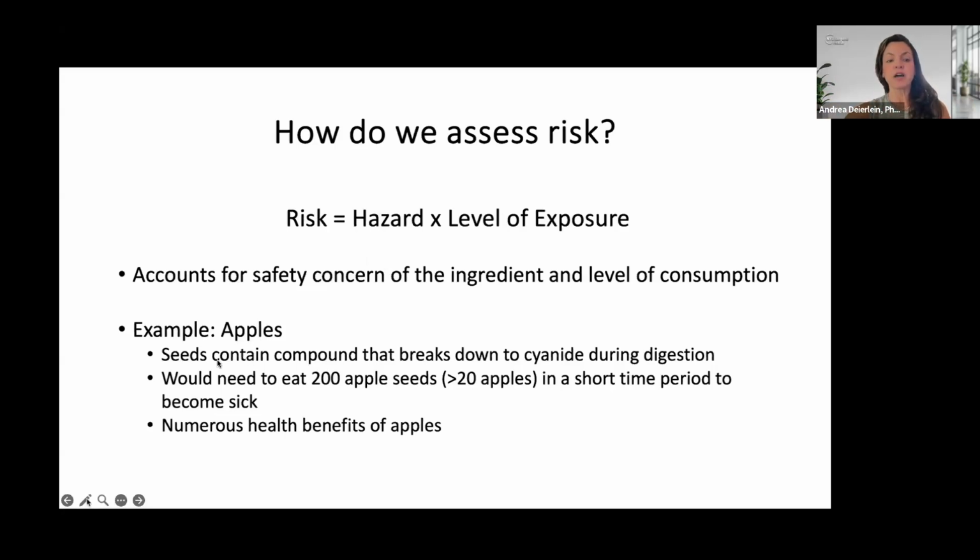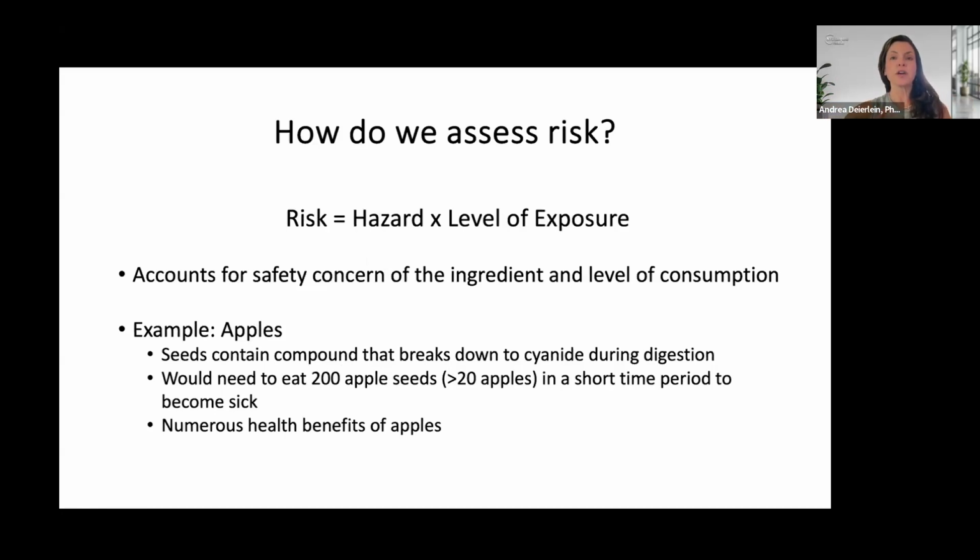With apples, we know that their seeds contain a compound that breaks down into cyanide during digestion. But we also know that we would need to eat about 20 apples in a short period of time, and we'd have to eat the entire apple, seeds and all, in order to become sick. And we also know that there are numerous health benefits associated with apples.